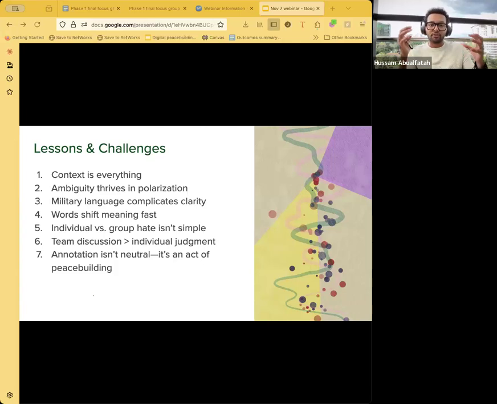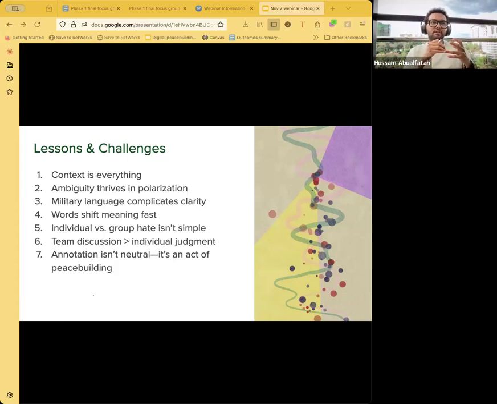All of these blur together in wartime rhetoric, and we had to break down sentences carefully, because we need to ask three main questions. First, was it a command? Was it a threat? Or was it just noise? We have to ask these three questions to deal with military language during the conflict in Sudan.